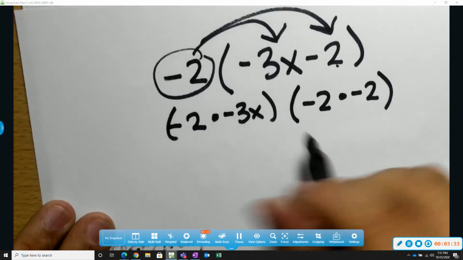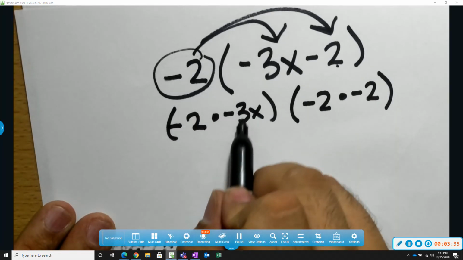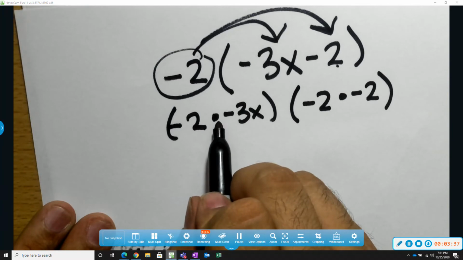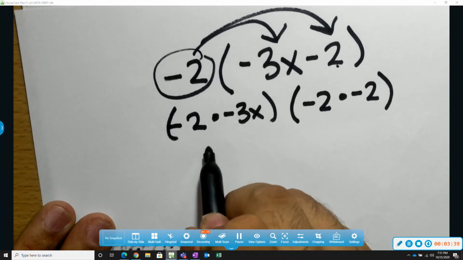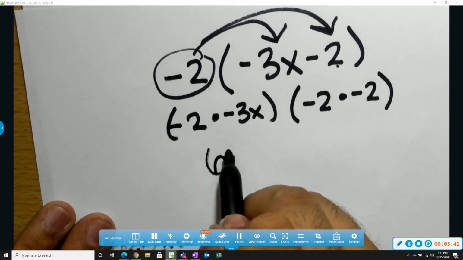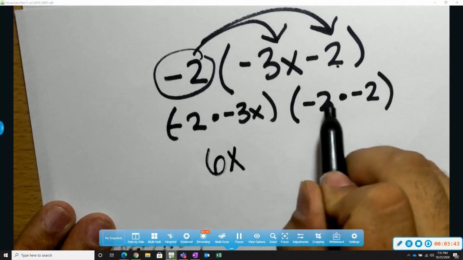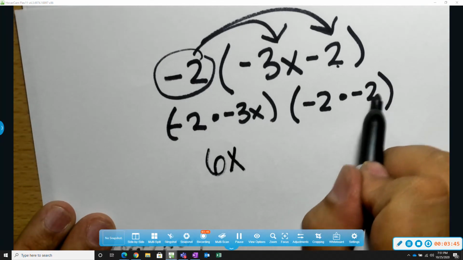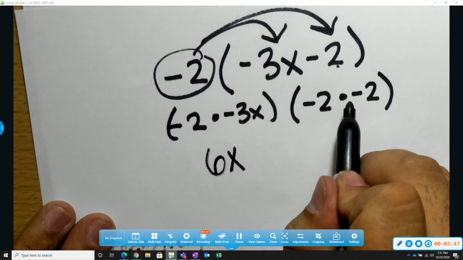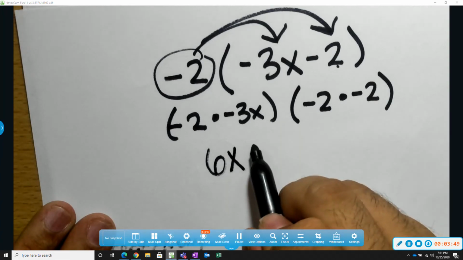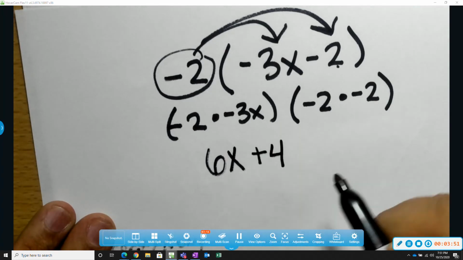Then we can multiply. Negative 2 times a negative 3, 2 negatives make a positive. 2 times 3 is 6, and then I have an x. Negative 2 times negative 2, again, 2 negatives make a positive, and 2 times 2 is positive 4.